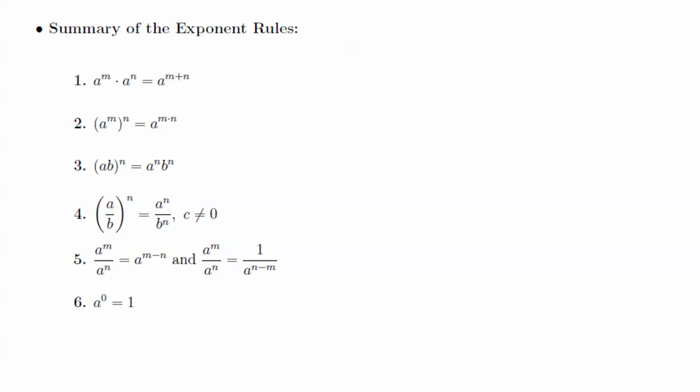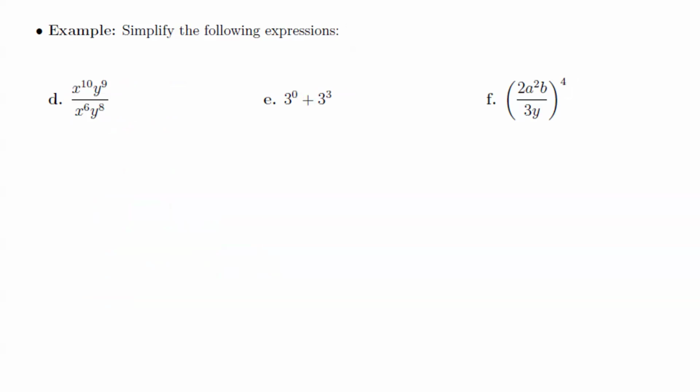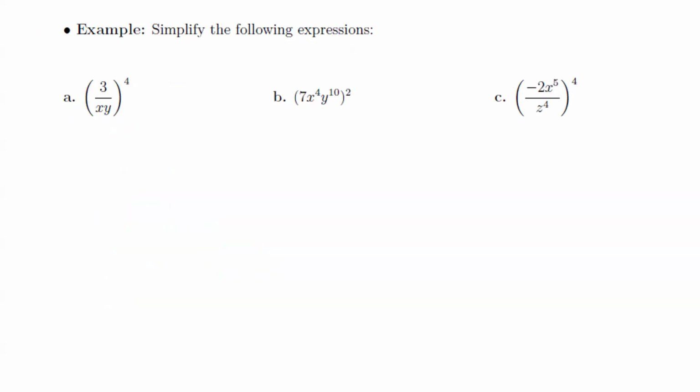And they're on the next two slides. So here, A, B, C, and then here, D, E, F. So this is one where I definitely want you to hit pause, try your best on all six of them, and then unpause and see how I go about it.